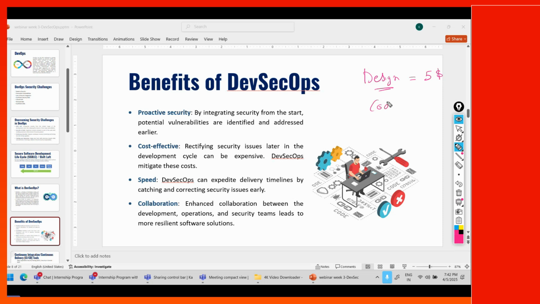If you identify a vulnerability in coding, it's going to cost around $500. If it's found in deployment, it will cost over $5,000. Post deployment, that is going to be a big impact. Depending on the vulnerability, this could go into millions also, right?